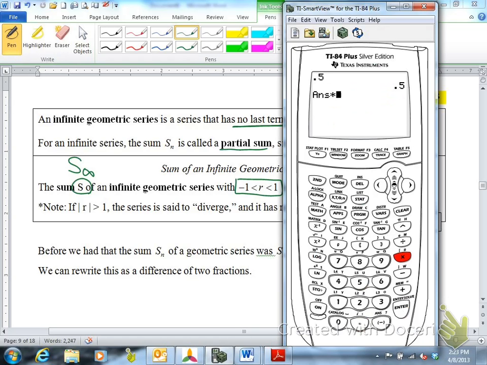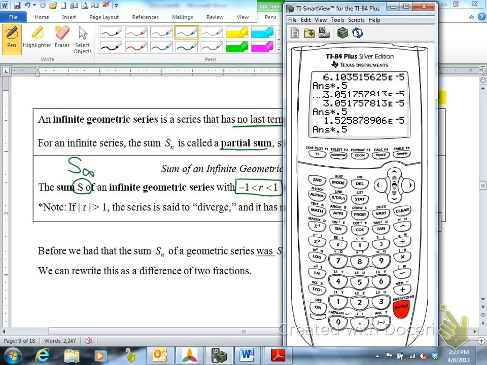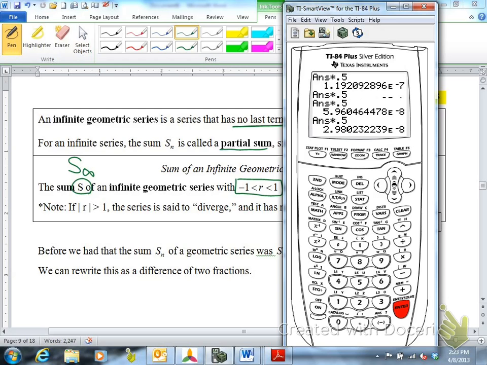If you multiply by 0.5 a bunch of times, all the way until infinity, the number keeps getting smaller and smaller. That will happen for any number between -1 and 1.